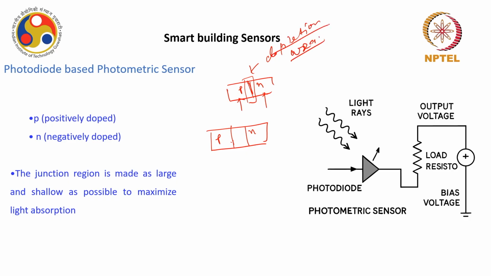This is the requirement, a larger depletion area is required for this kind of application. So the junction between a P and N semiconductor is made as large as possible and as shallow as possible to maximize the light absorption. So basically the idea is the light will fall in this area or at least near to this area.